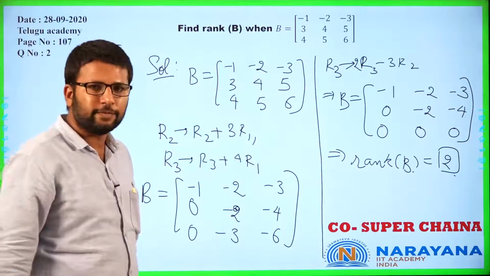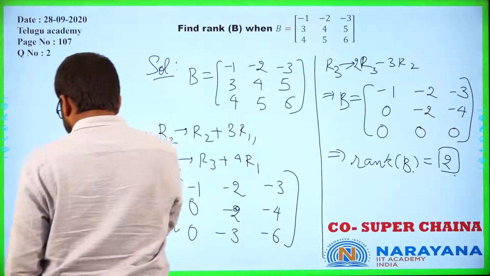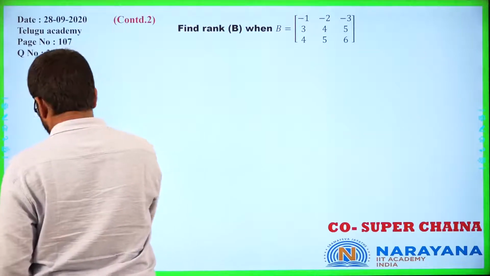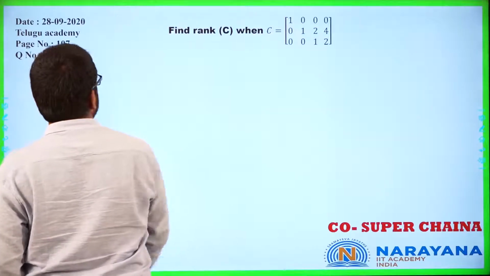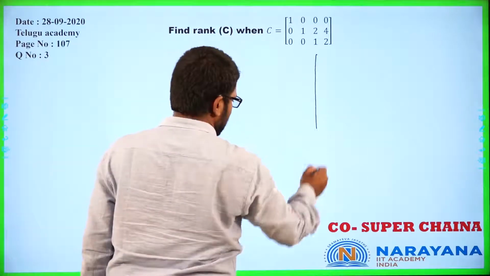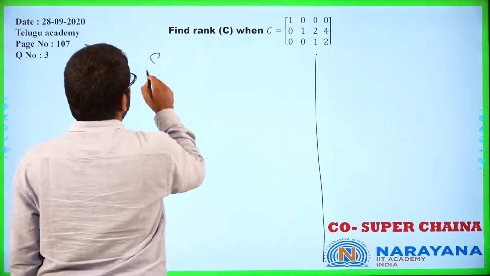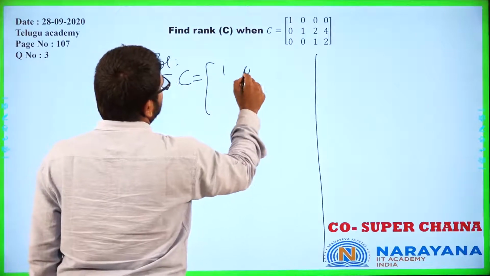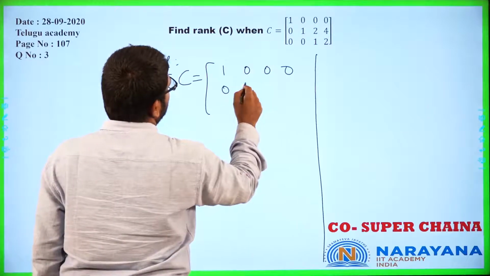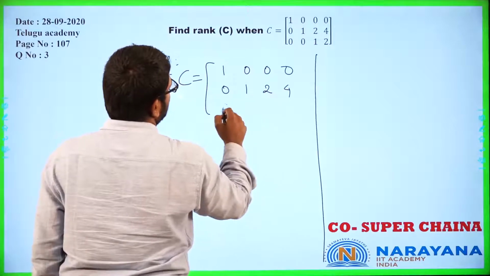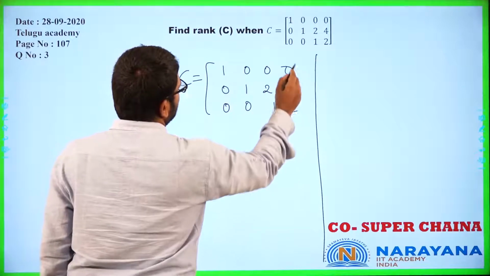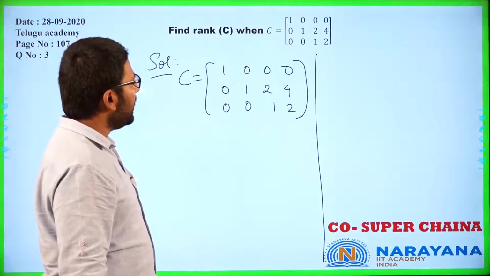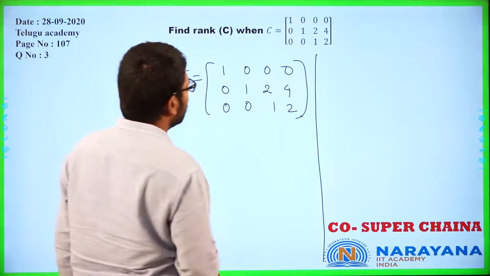Yes? Shall we proceed? Let's do that. Alright, find the rank of C. Now C here is a rectangular matrix. We can actually proceed with the echelon form.